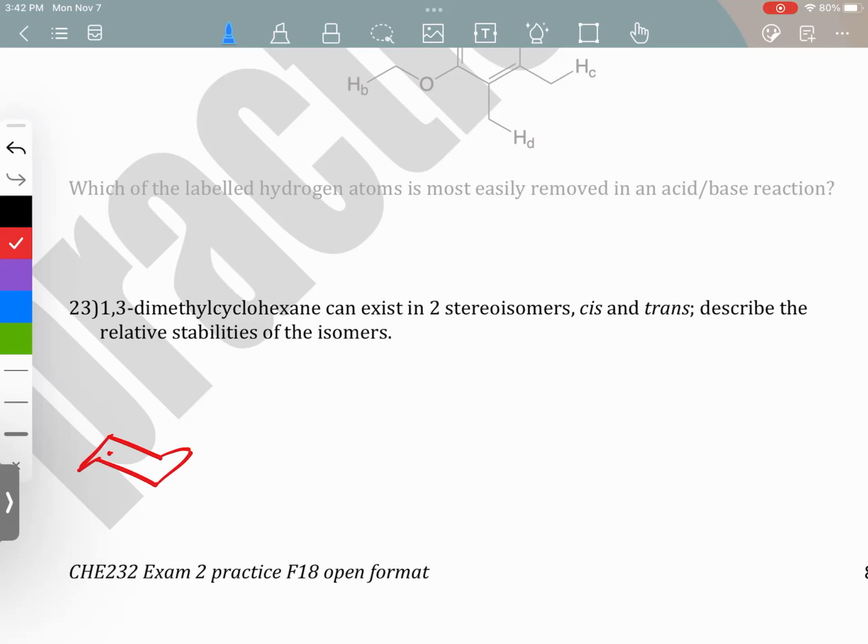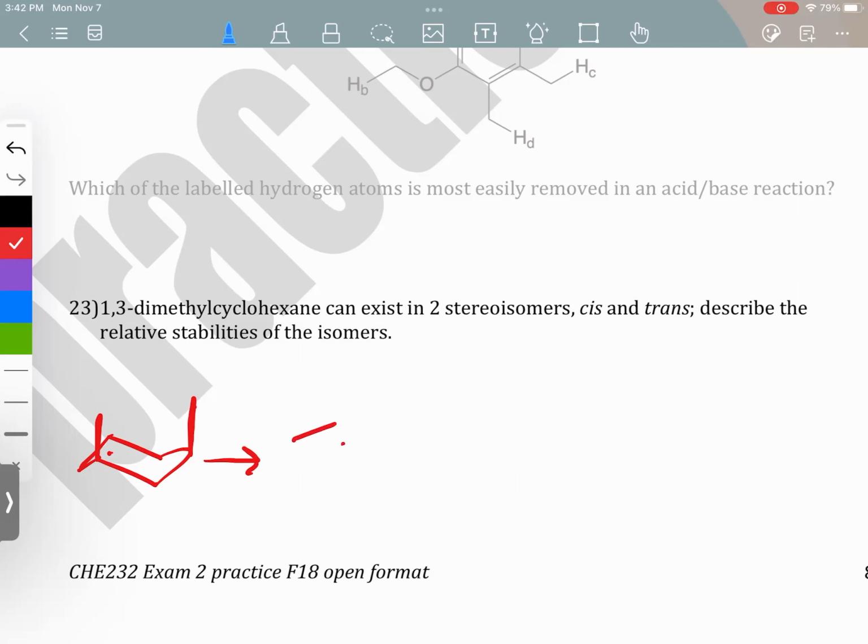First chair conformation: on carbon 1 and carbon 3, we have methyl. So this is cis, both facing up, right? So they're both going to be axial. Now, remember that these chair conformations always go through ring flips. So let's ring flip this first cis conformation.